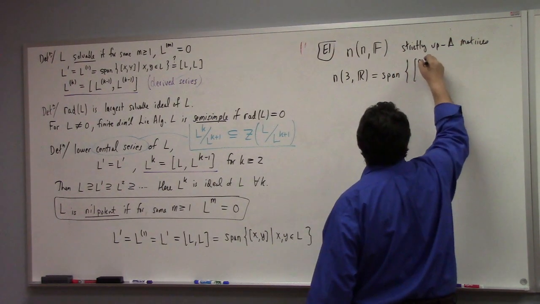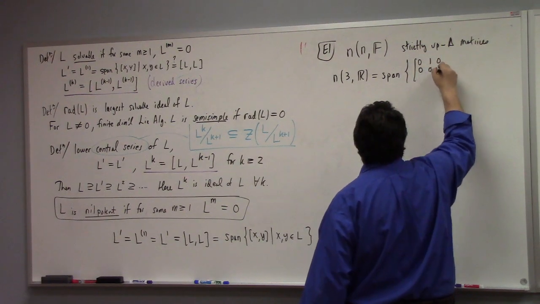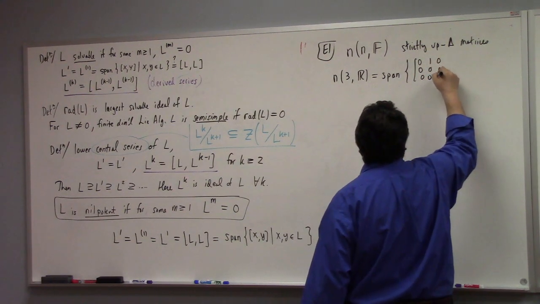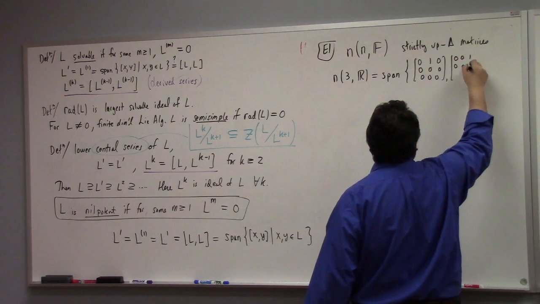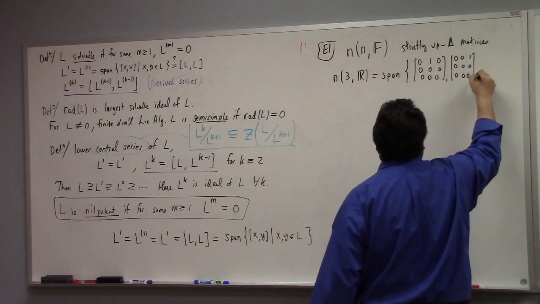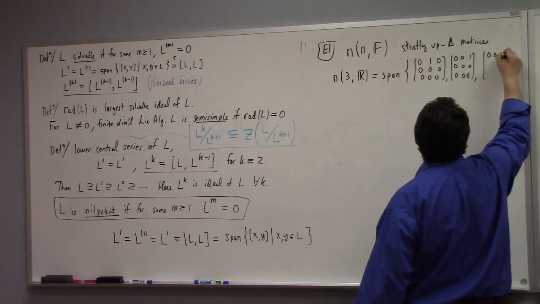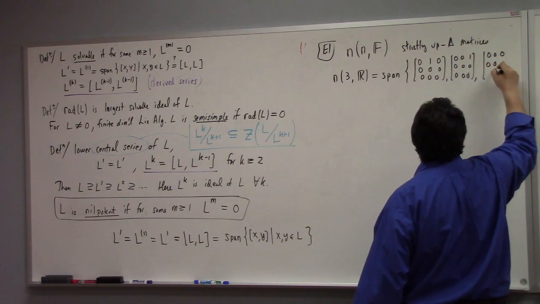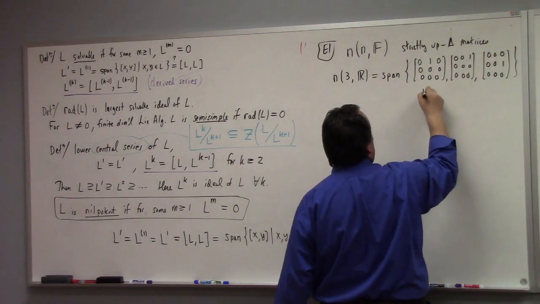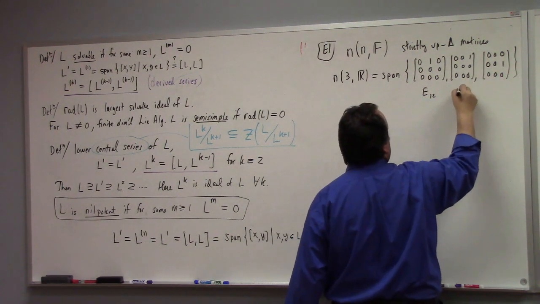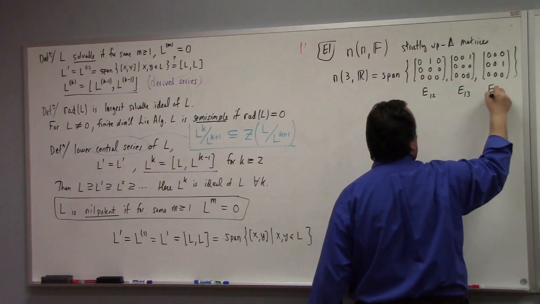So you're looking at the matrix with a 1 in the top middle and zeros elsewhere, and so on, or in less annoying notation, E12, E13, E23, right?